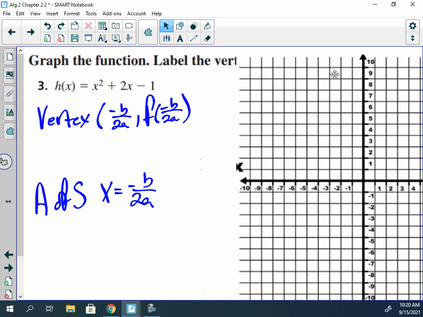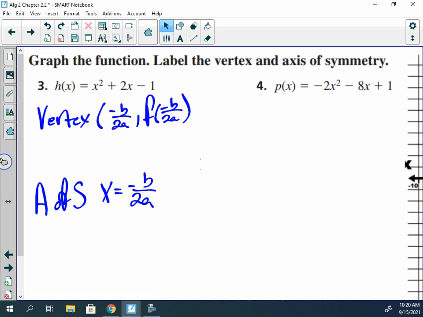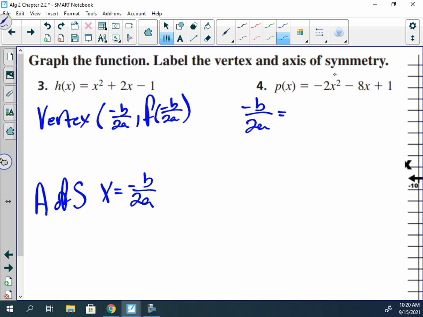Okay. Move this out of the way. Really, for both of these here, it's really finding out what negative b over 2a is, because once I find that, I get the x value of the vertex and the axis of symmetry. Well, what's our value of b? So just 2.